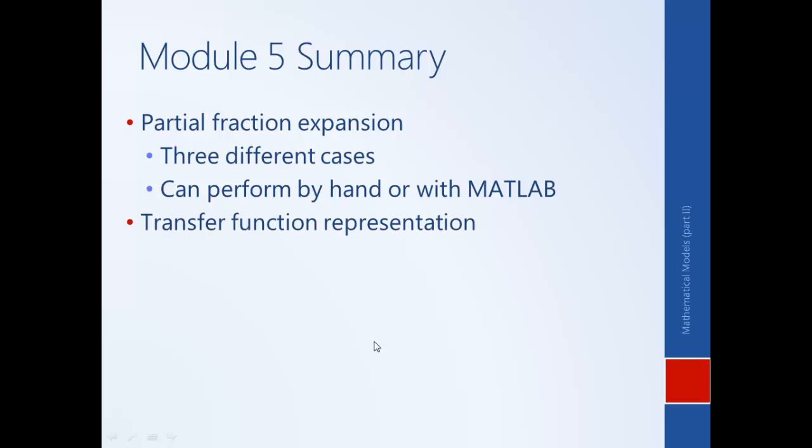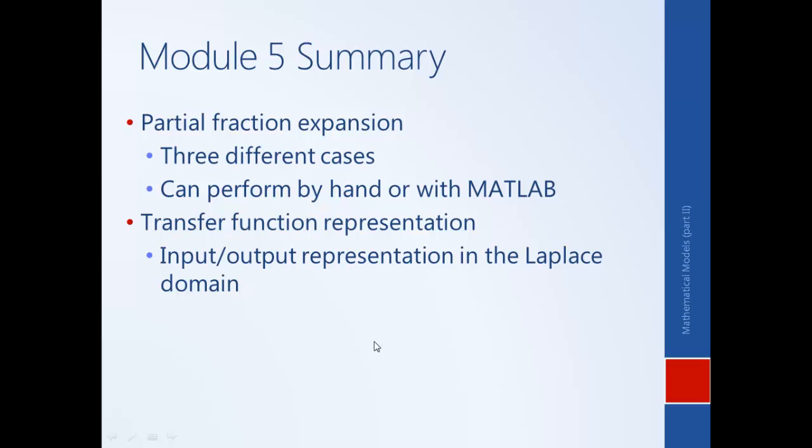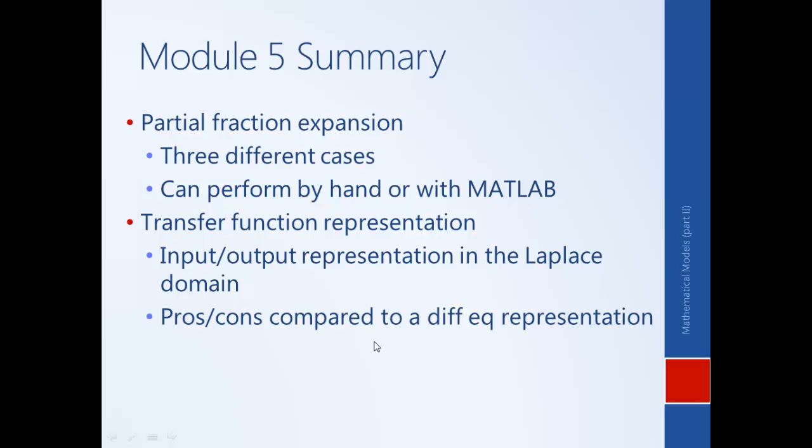We learned an alternative mathematical representation of physical systems called the transfer function. The transfer function is in the Laplace domain. It represents the input-output behavior of a system. It has pros and cons compared to a differential equation representation. For example, it makes it very easy to combine different models, different subsystems. It's a completely algebraic model, which is nice.